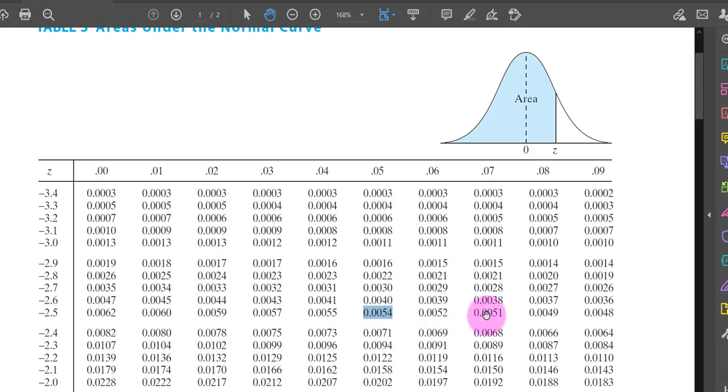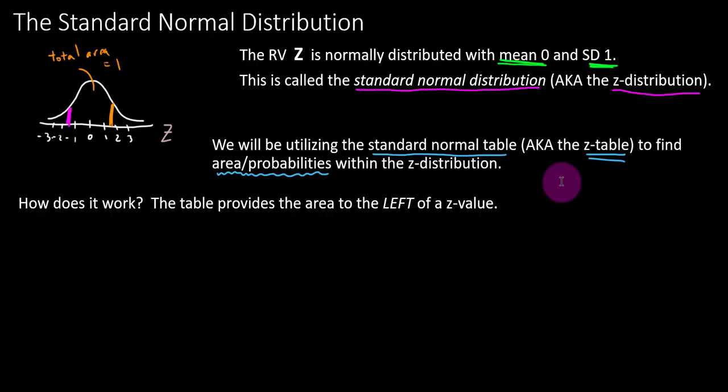So I'm going to write that down, and we're going to do a lot of examples to illustrate how we use this table. This video is dedicated to introducing this standard normal distribution and how to find probabilities associated with it via the Z table or standard normal table. And that table works by providing the area to the left of a Z value.